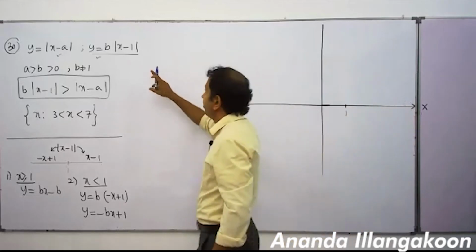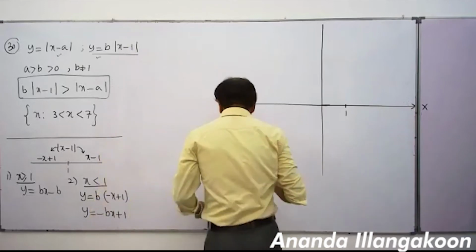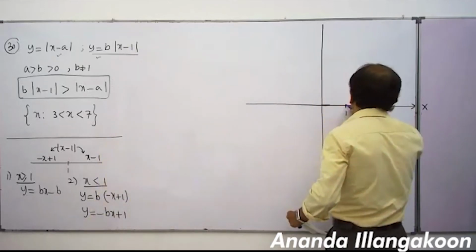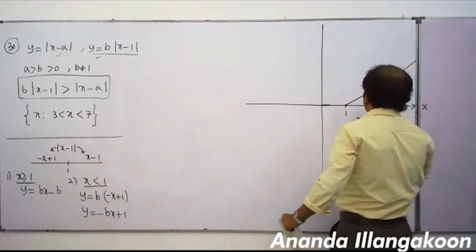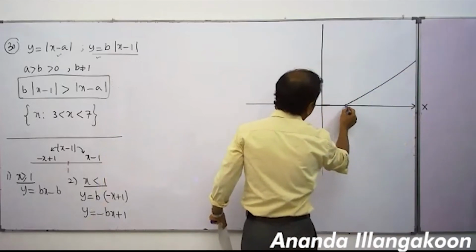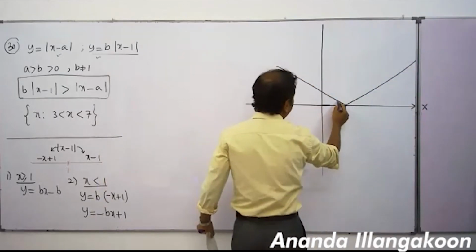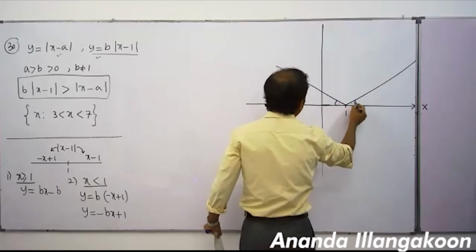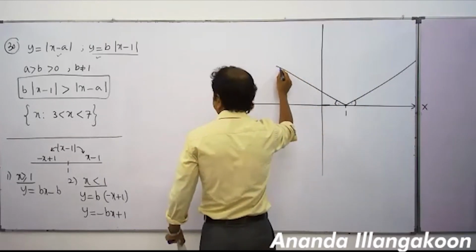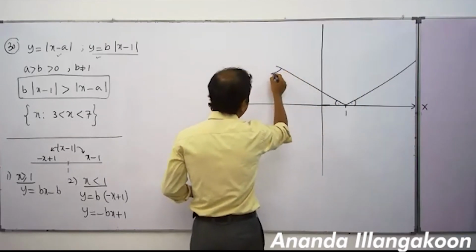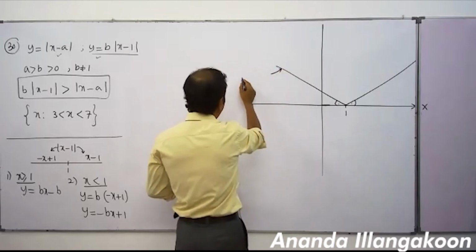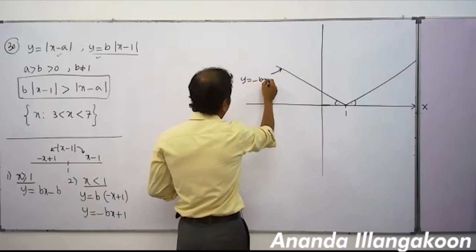This changes at x equals 1 now. And I take it like this. These two angles are equal. This equation is y equals minus bx plus b.